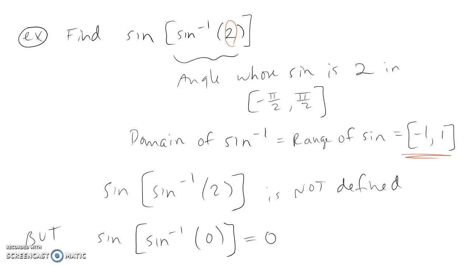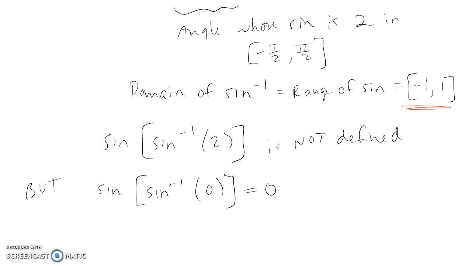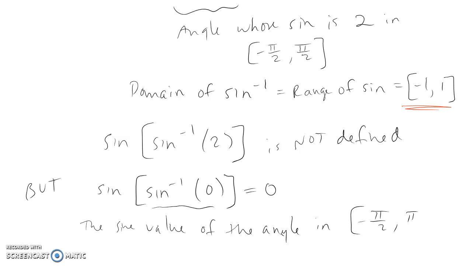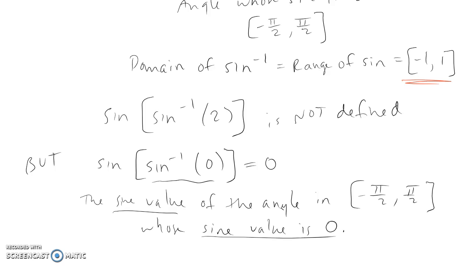Because, think about it in words, this says the sine value of the angle in negative pi over 2 to pi over 2 whose sine value is 0. We're looking for the sine value and we're told that the sine value is 0, right? So that's 0. All right?